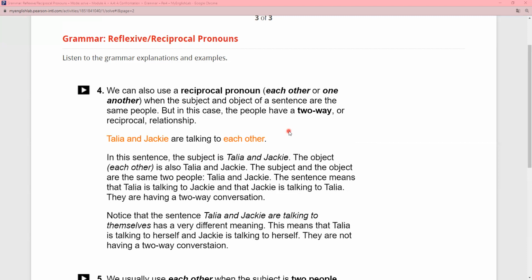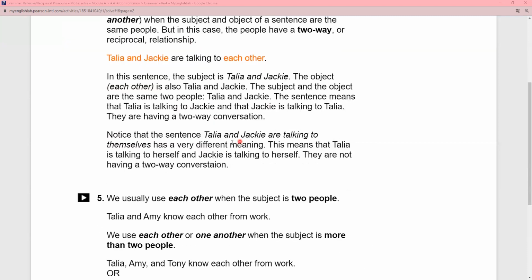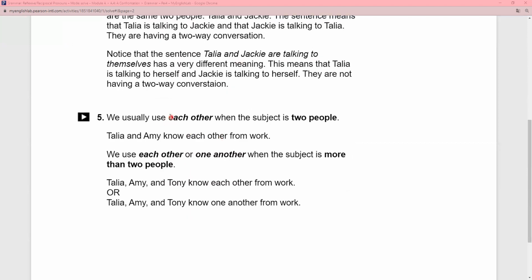But if it's only one-to-one, it means that each one is talking to herself. They're not having a two-way conversation. Next we're going to see the difference between each other and one another.